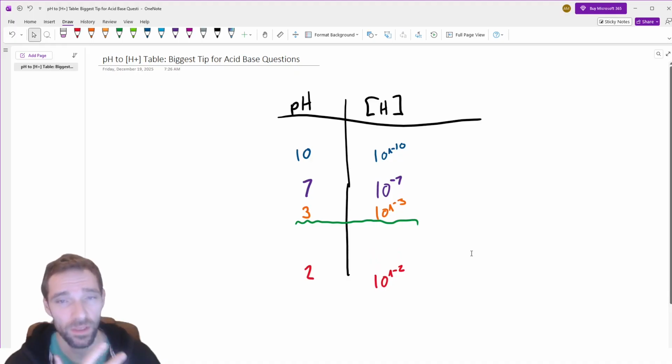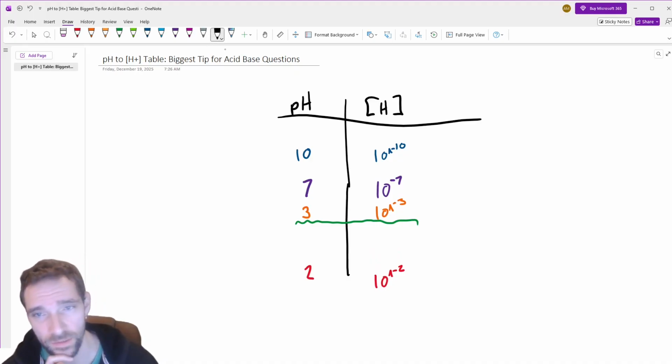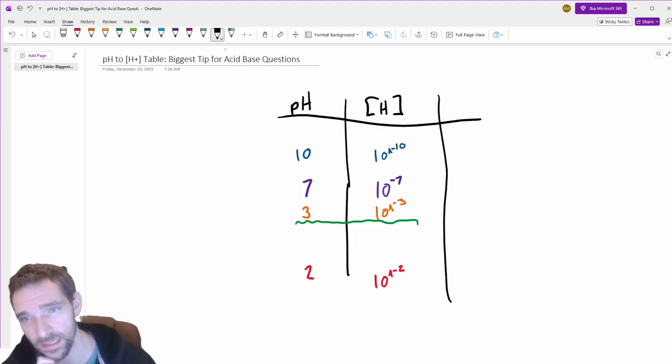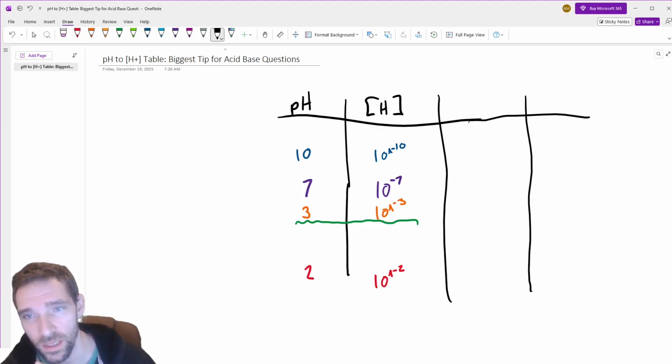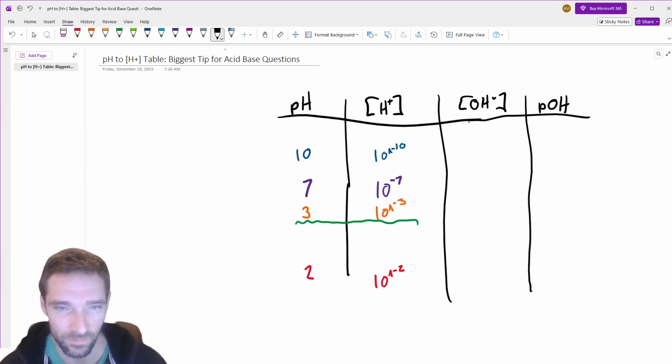So if you can think about this in pH and concentration of H, I'm going to extend this table and highlight these situations also with the concentration of OH minus. And yes, I know I'm using improper terms, but this is how most students refer to these things. So I'm just going to work with that.